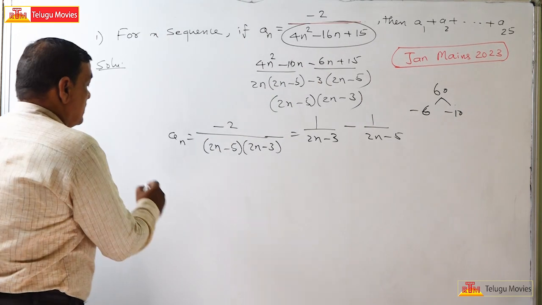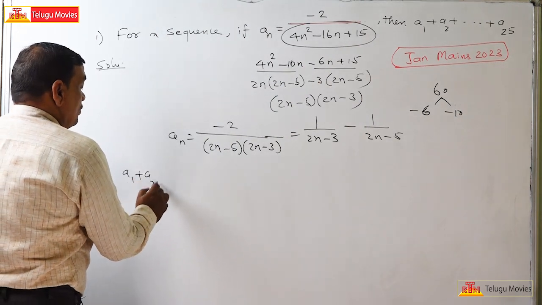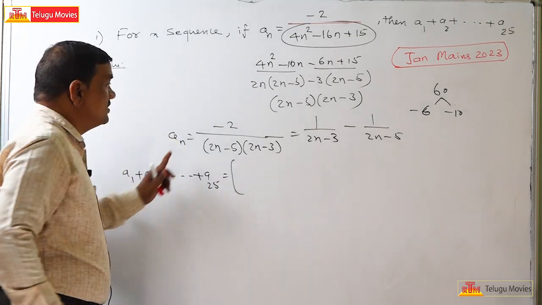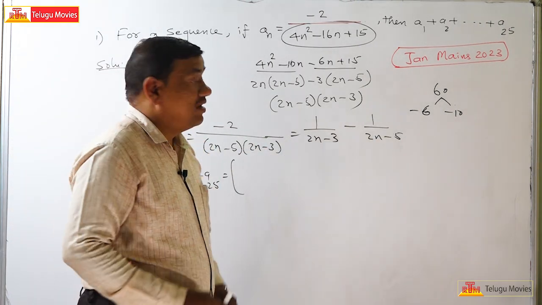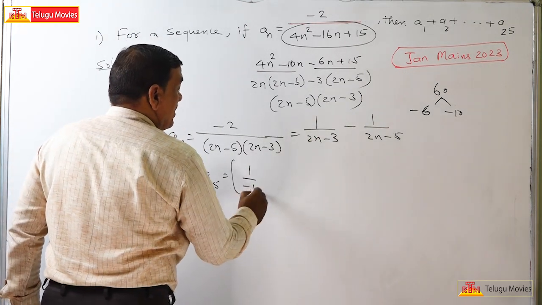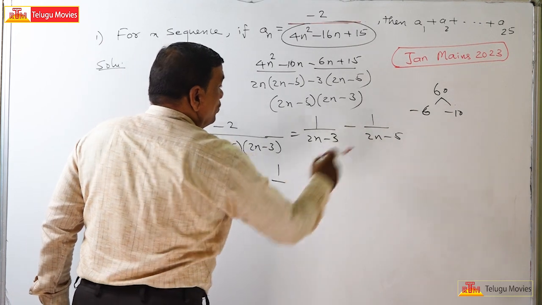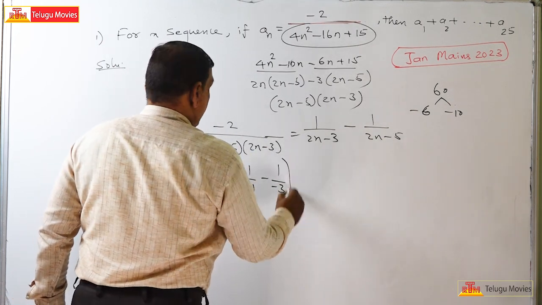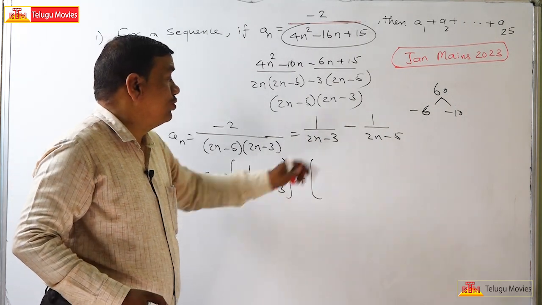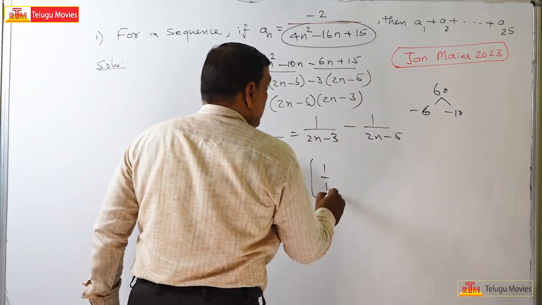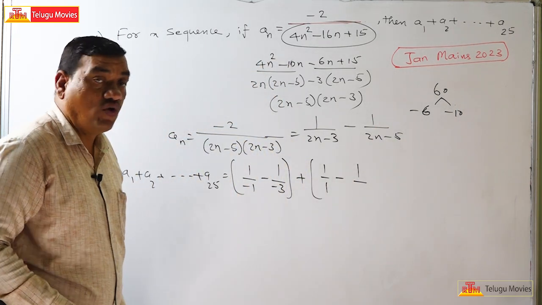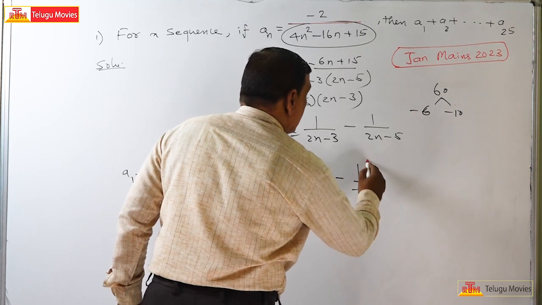Now let us see a1 + a2 + so on up to a25. What is a1? Wherever n is there, substitute 1: 1 by (2 - 3) minus 1 by (2 - 5), that is 1 by (-1) minus 1 by (-3). Plus a2, substitute 2: 2 twos are 4, so 1 by 1 minus 1 by (-1).